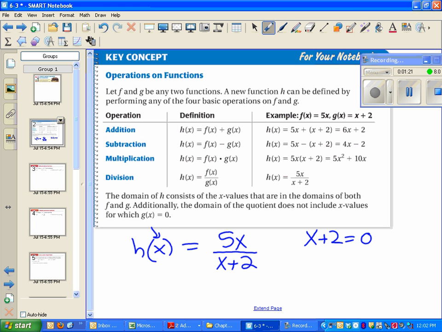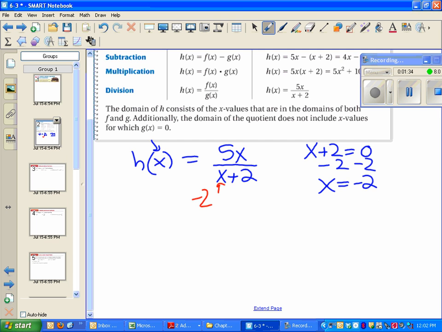I'm going to set that equal to 0 and solve for x, and x is going to be equal to -2, which means if I plug -2 in for this x, I'm going to end up dividing by 0. So our domain for this function is going to be all real numbers except x equals -2.